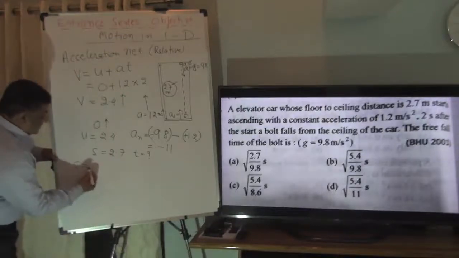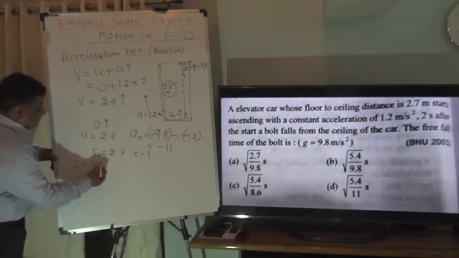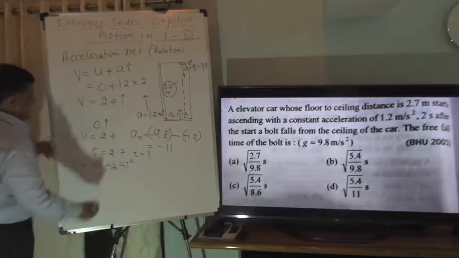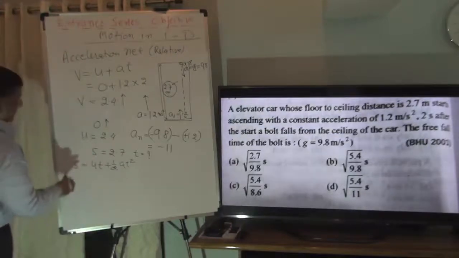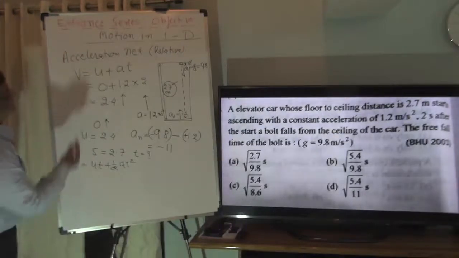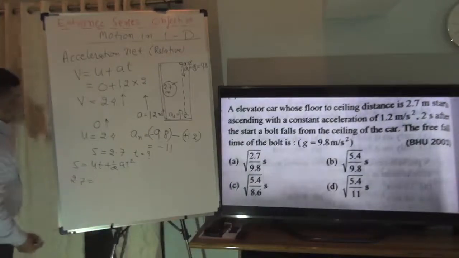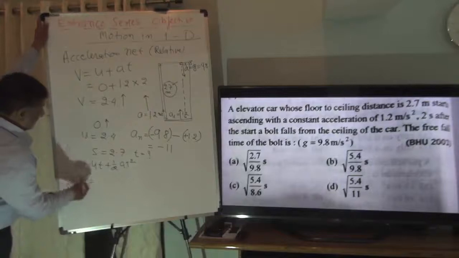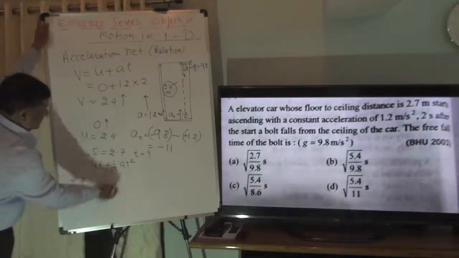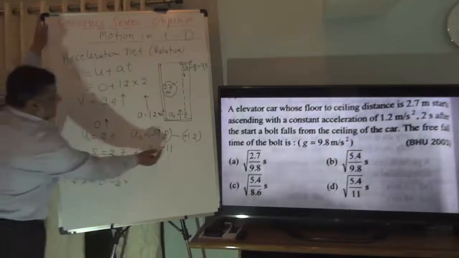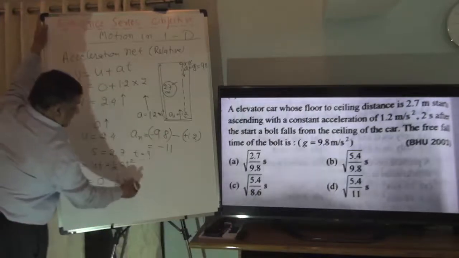So S is equal to ut plus half at square. Here S is equal to 2.7. 2.7 is equal to 0 minus half into acceleration 11.